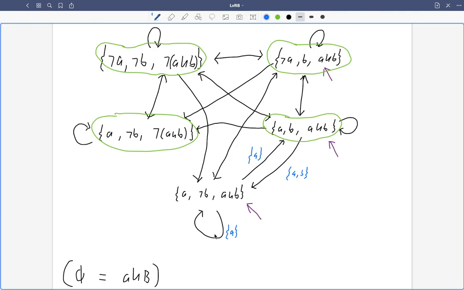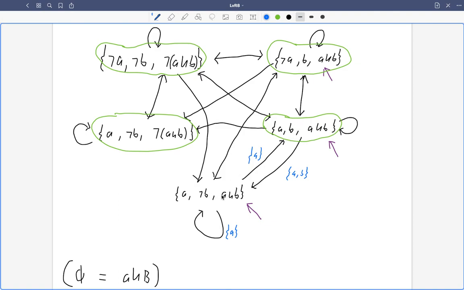So maybe a better way of thinking about it is that the accepting runs through the automaton are those runs that do visit final states infinitely often.